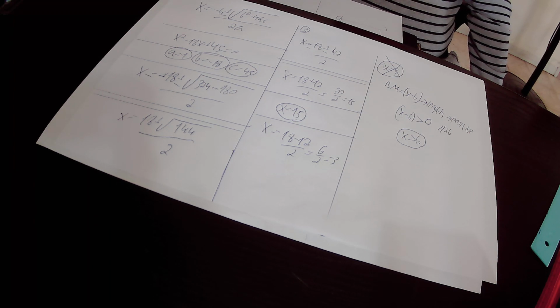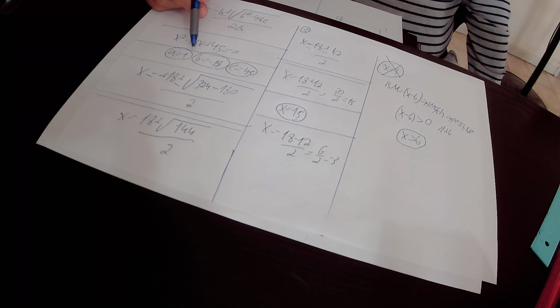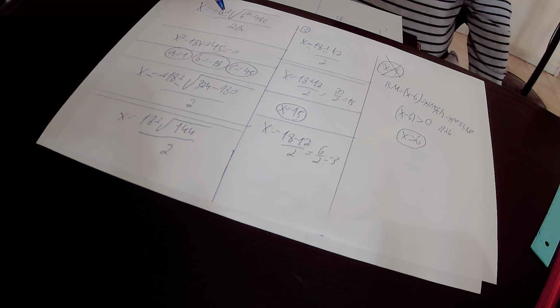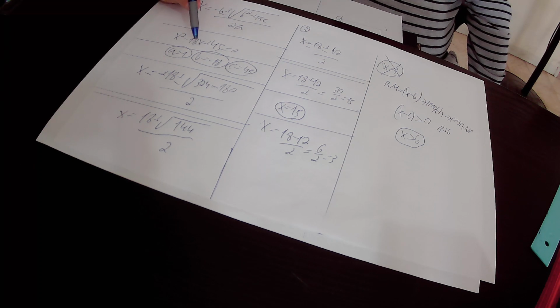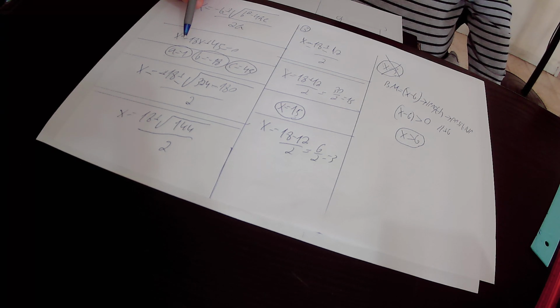So according to this formula, x equals minus b. b is minus 18, therefore minus b is plus 18, plus minus square root of b squared. b is minus 18, therefore b squared is 18 squared, that is 324, minus 4 times a times c. So minus 4 times a is 1, so minus 4 times 1 is minus 4, times c is 45, so minus 4 times 45 is minus 180.